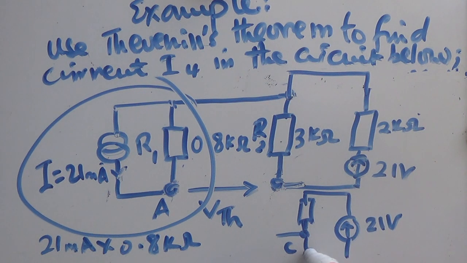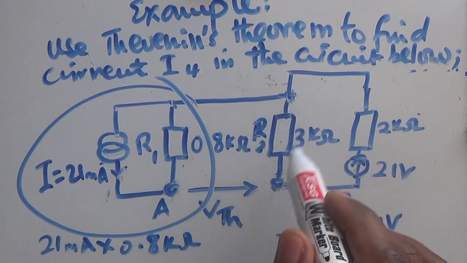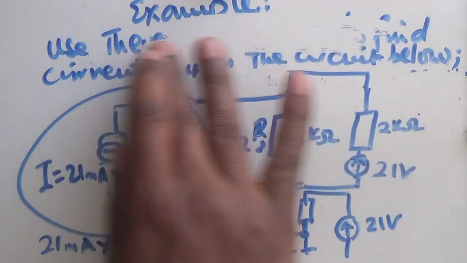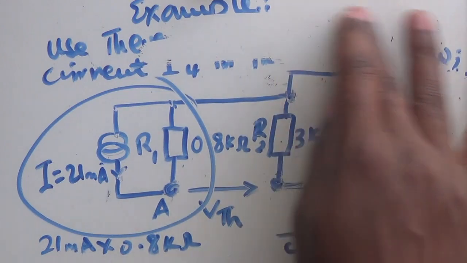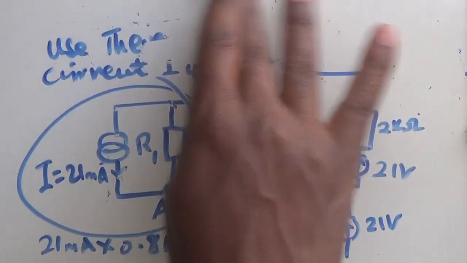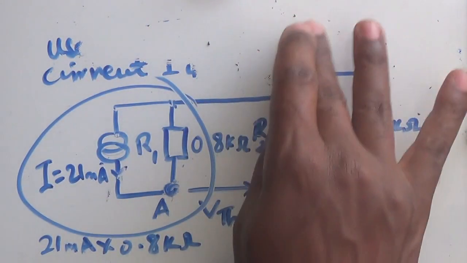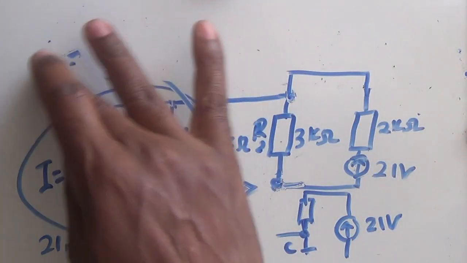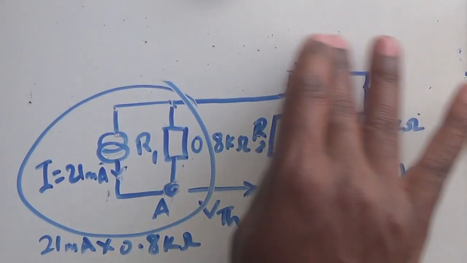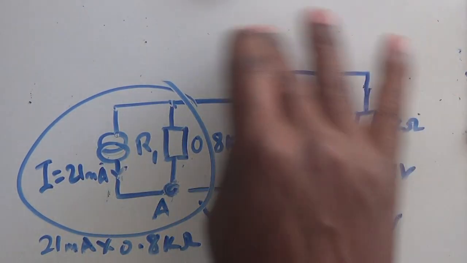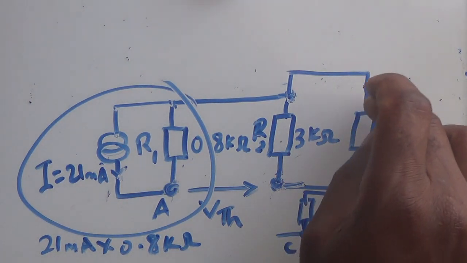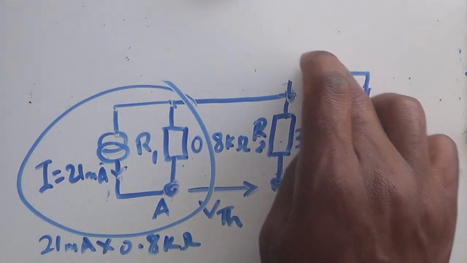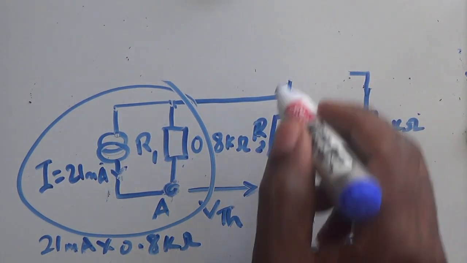Since we know what we are finding, I can remove this so that we get a good feel of what is happening here. So I'm going to slide this resistance here and bring it here.